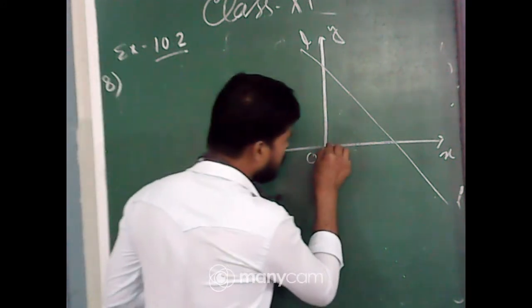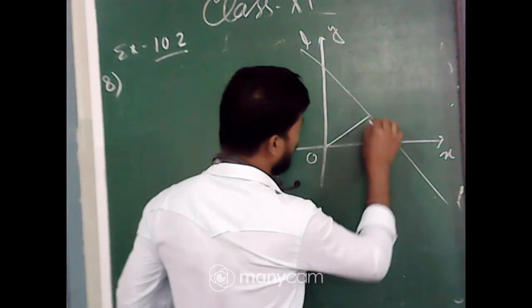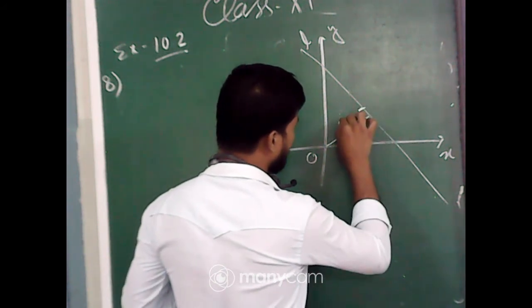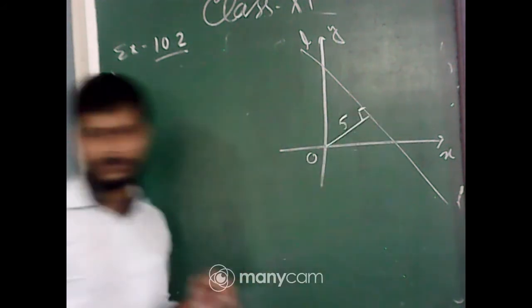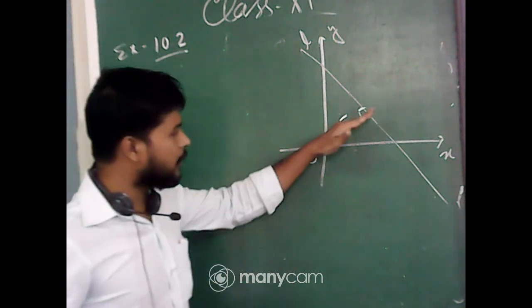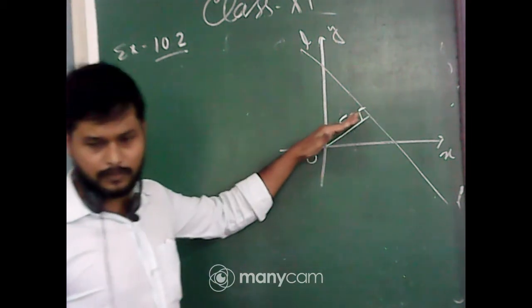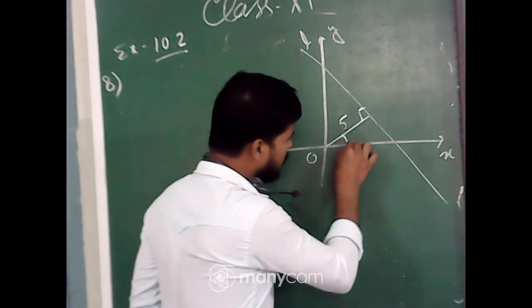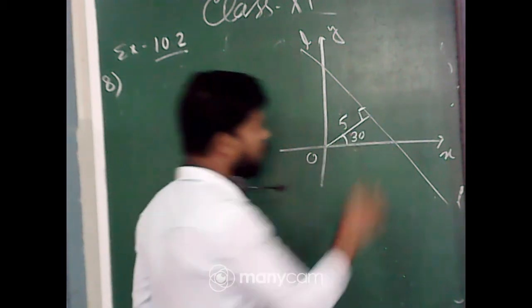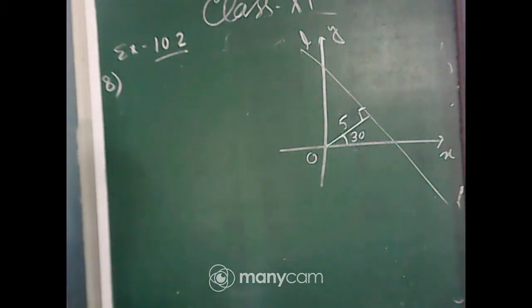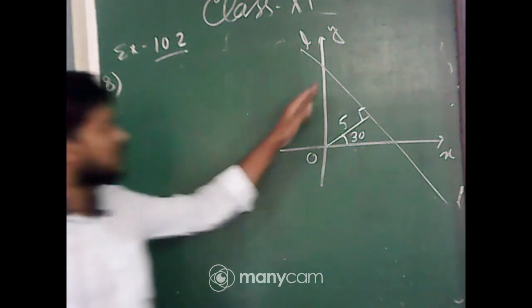So the perpendicular distance from the origin to the line is given as 5 units, and the angle made by the normal to the line is 30 degrees with the positive direction of the x-axis. We have to find the equation of the line.